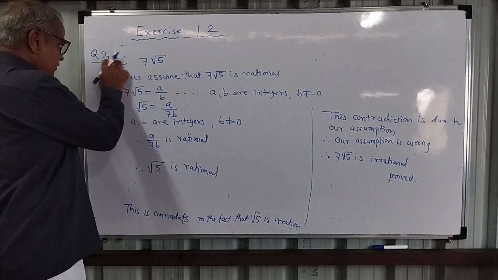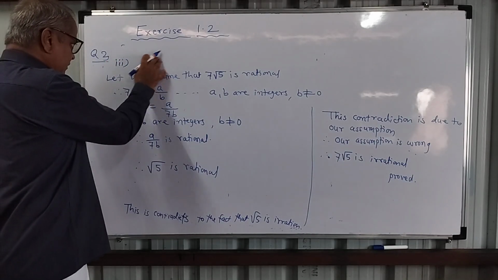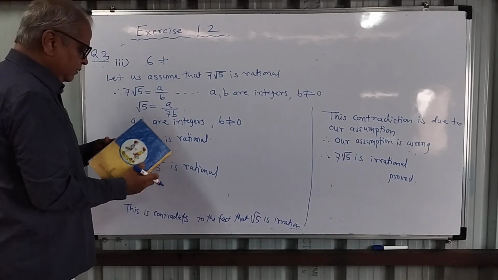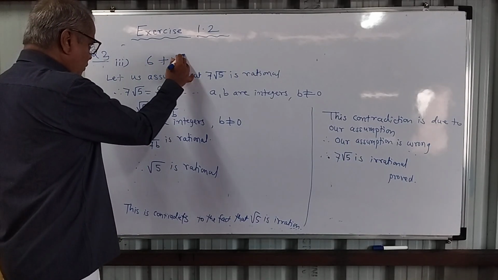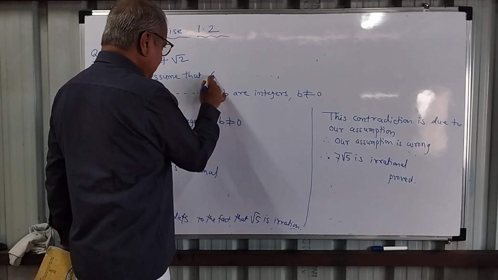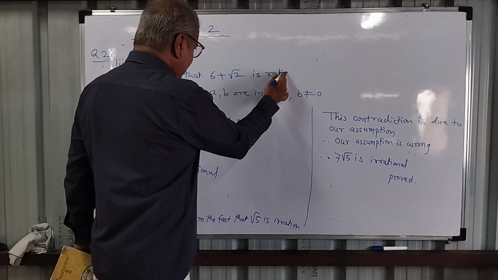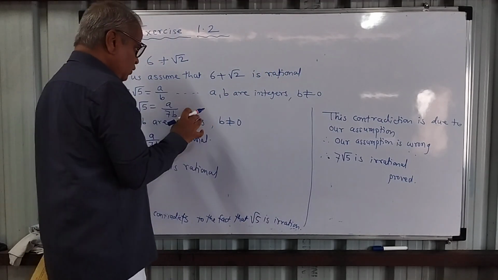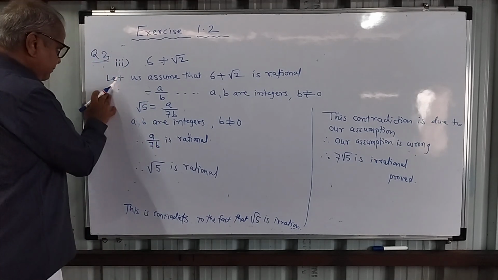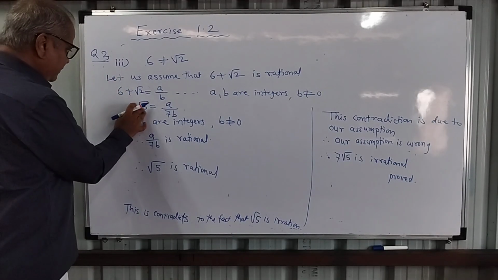Now, last, in the third there is one more question, sub question 3. 6 plus root 2. Same step. Let us assume that 6 plus root 2 is rational. Again, there is no need to write co-primes, only integers, and b not equal to 0. 6 plus root 2 is equal to a upon b.